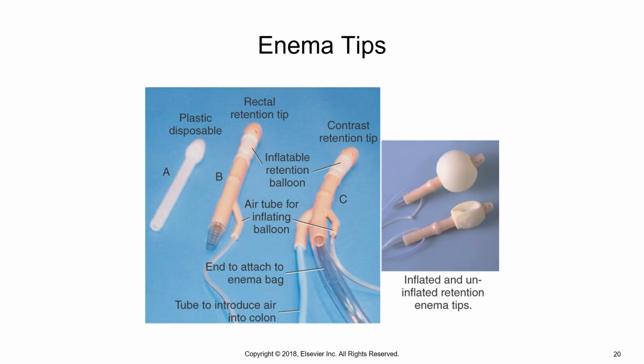These are some of the different enema tips. We looked at these also when we were in patient care. This typically is called an acorn tip. This one is a single retention tip. Notice it has one single port, so this is used for a single contrast barium enema. And this is a double contrast enema tip.